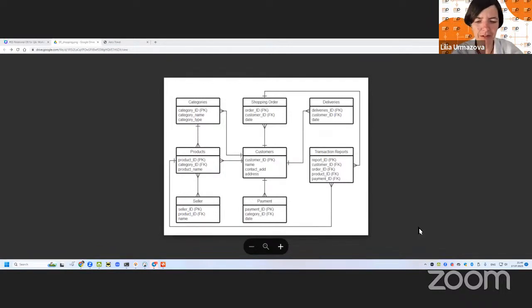Maybe, but in this case, this database should be more complex and have more information, because this one looks very simple, and sellers are connected to products only. So yes, and why is product ID a foreign key in the seller table? From my perspective, it would be better to have a seller ID in the product table.